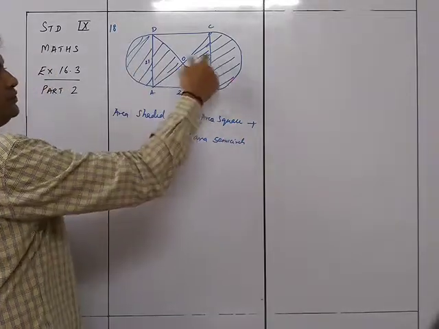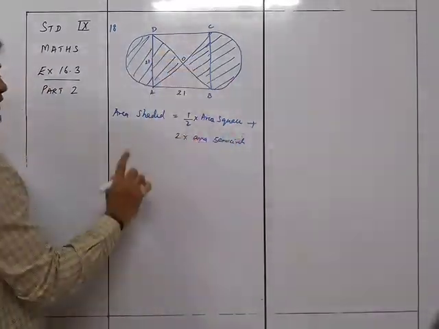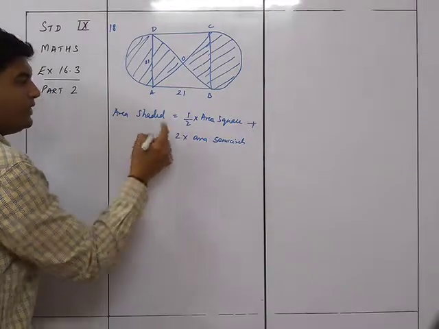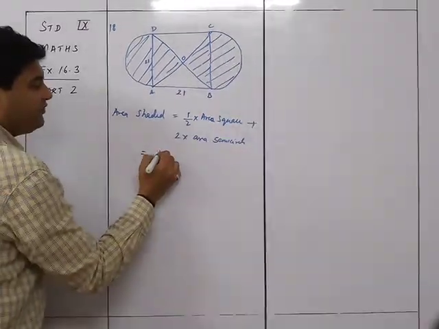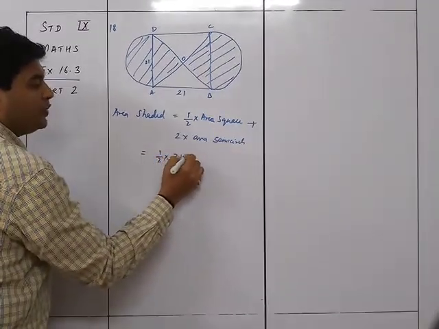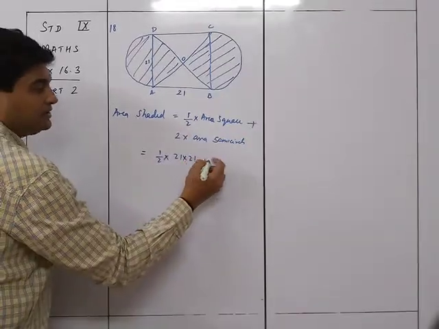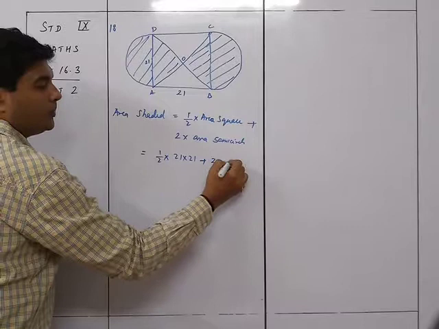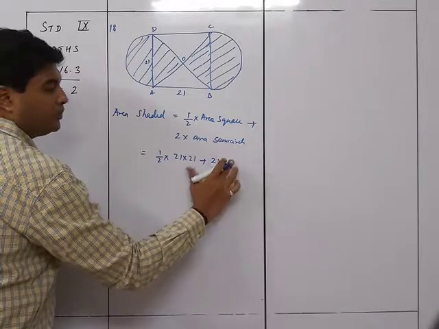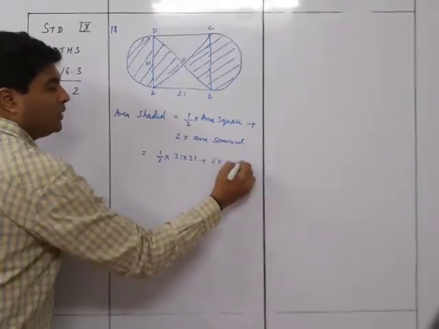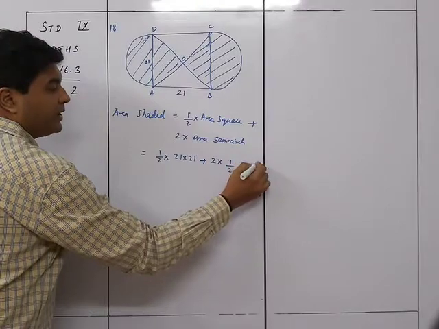So 2 semicircles plus half of the area of the square is what we need to find out. What we have over here is half into 21 into 21, the area of the square, plus 2 into 1 upon 2 pi r square.